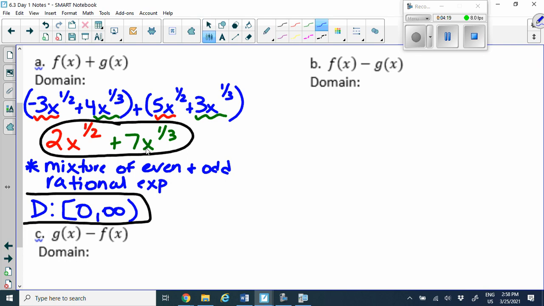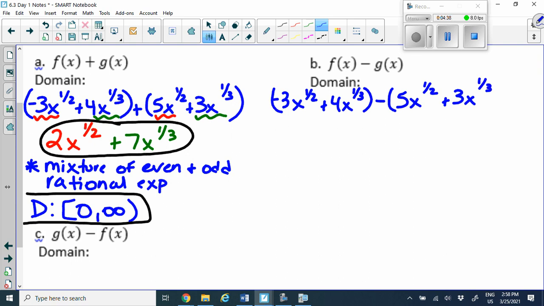Okay, let's look at f of x minus g of x. So I have my parentheses of negative 3x to the 1/2 plus 4x to the 1/3. Now subtraction, so we've got to be careful with that: 5x to the 1/2 plus 3x to the 1/3. As I said, before we simplify, we need to find the domain.